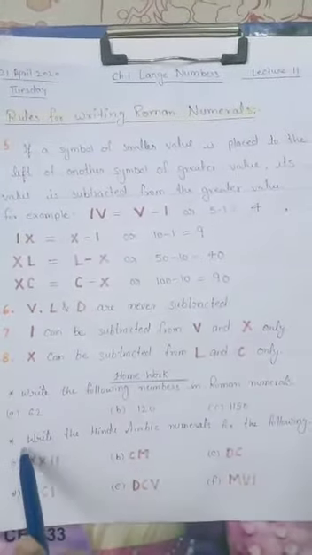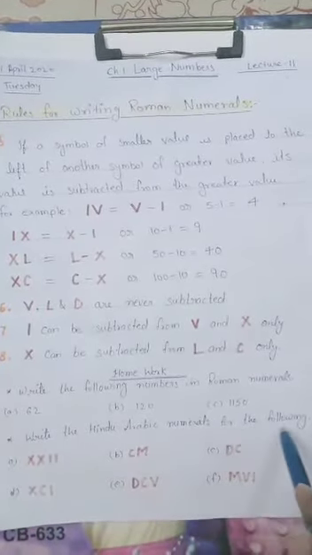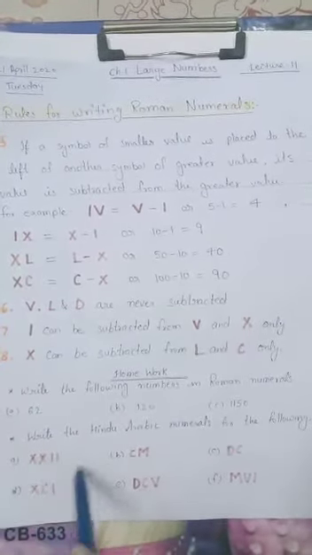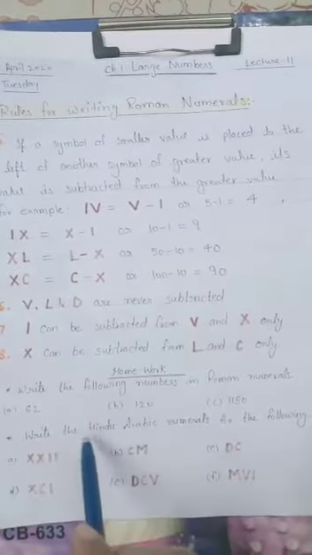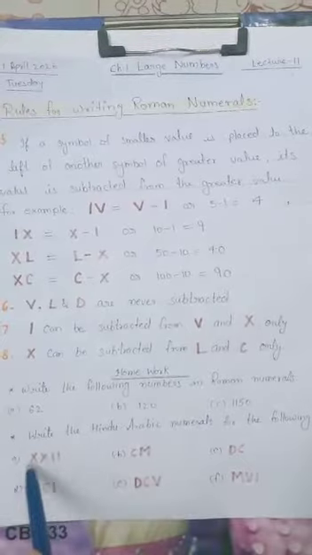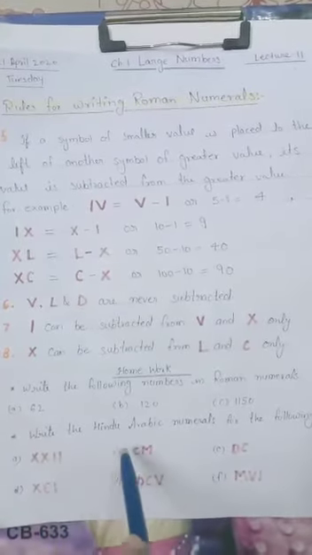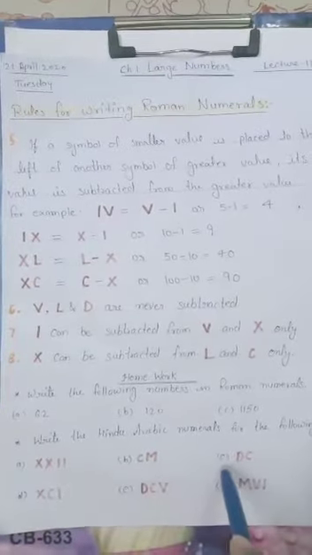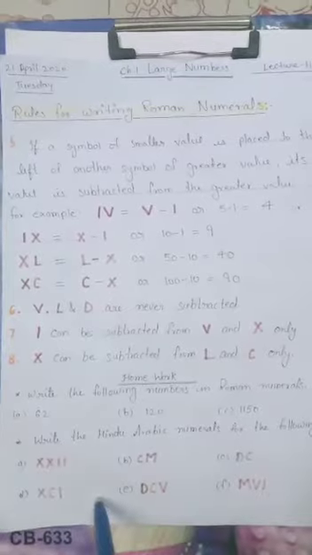Now come to question number 2. Write the Hindu-Arabic numeral for the following. Roman numerals are given and you have to convert them into Hindu-Arabic. Number A is XXII, then number B, then number C. There are 6 questions in question number 2.